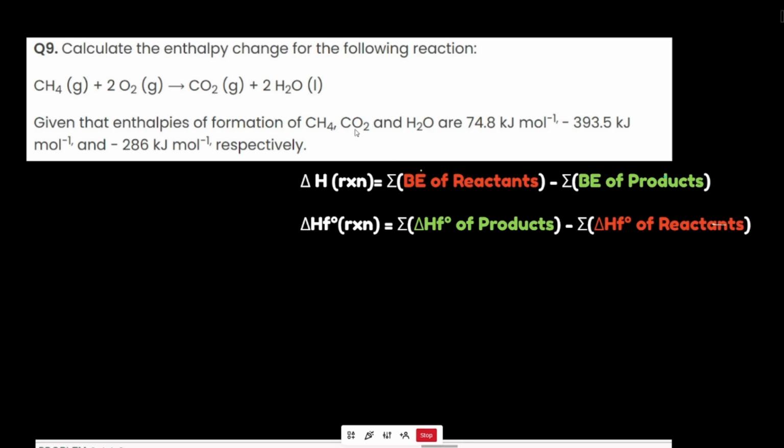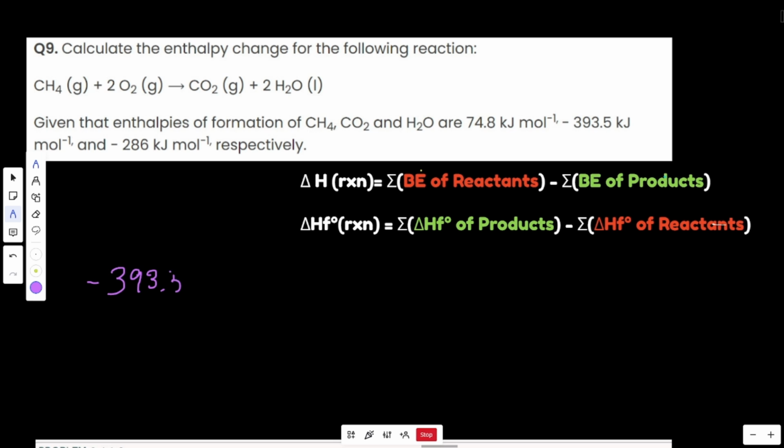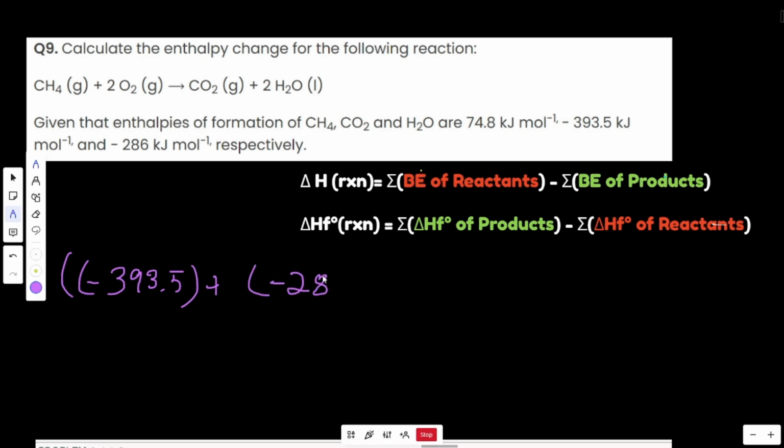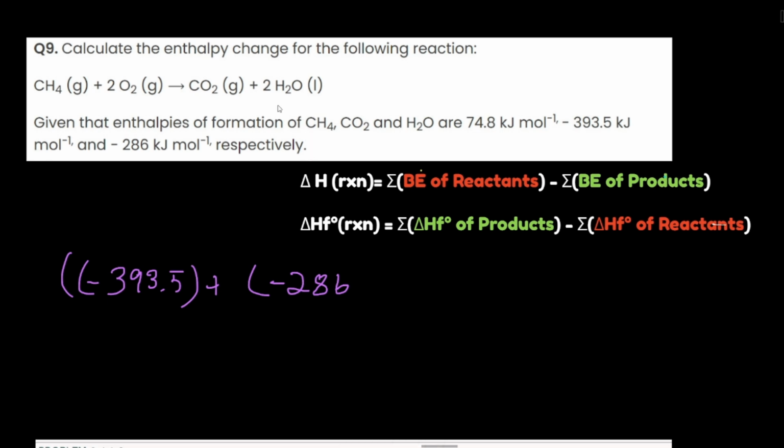Okay, so it says here that carbon dioxide has an enthalpy of formation of negative 393.5, and that's multiplied by nothing, so we're going to add that to the next product, which is water, which has an enthalpy of formation of negative 286 kilojoules. But hold on, there's 2 moles of water in this reaction, so that means we have to multiply this by 2.